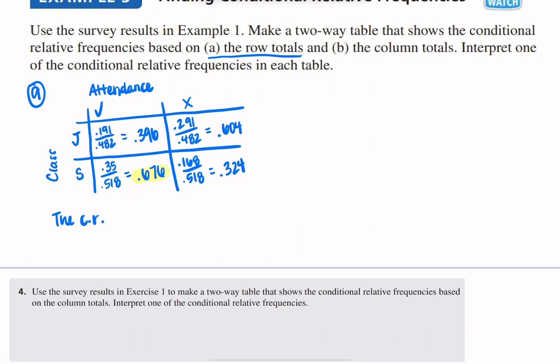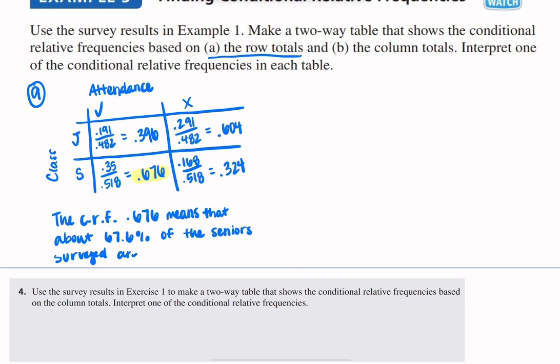The conditional relative frequency, 0.676, means that about 67.6% of the seniors surveyed are attending the concert. Since I'm looking at row totals, this number is the percent of these seniors attending the concert.